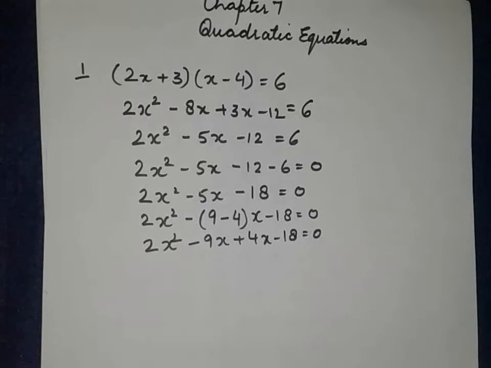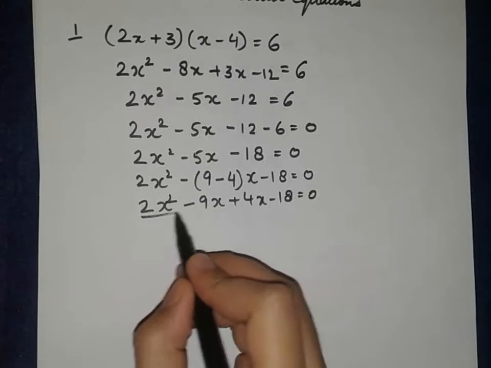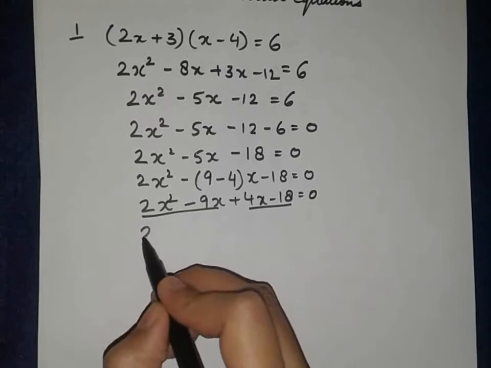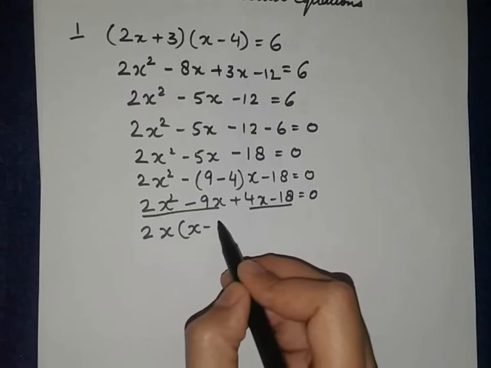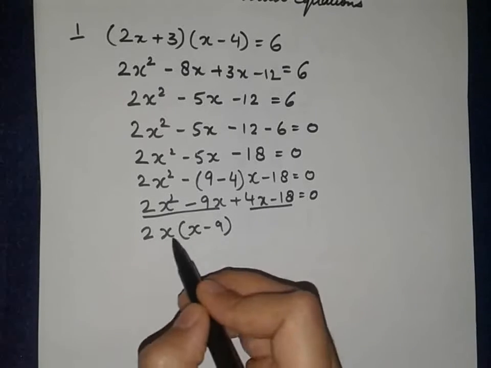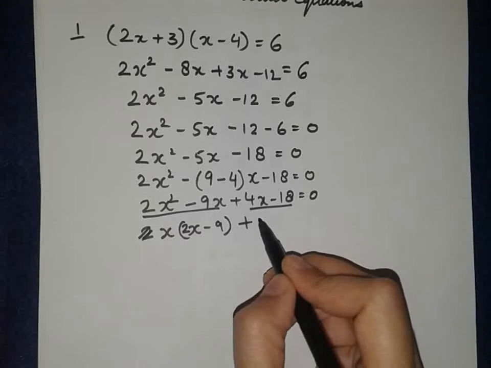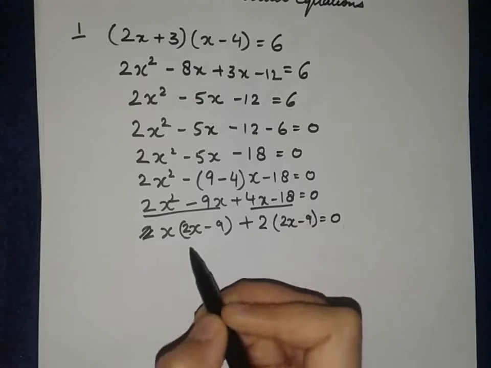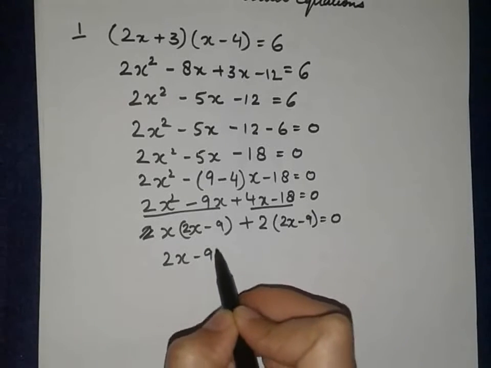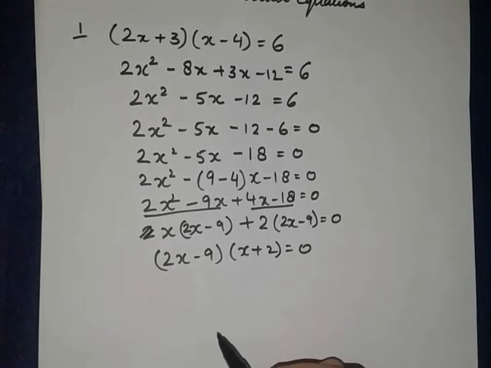The method of solving is exactly the same which I explained last time. Taking these two terms together, we are just factorizing the expression on the left hand side. This is x(2x minus 9), and 2 is common here, we get 2(x plus 2)... so 2x minus 9 is a common bracket and here x plus 2 equal to 0.